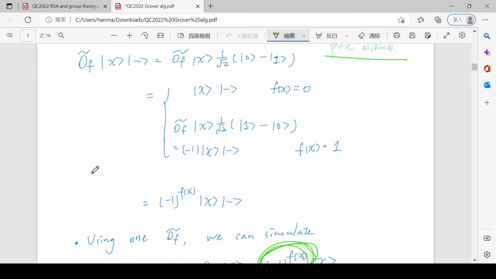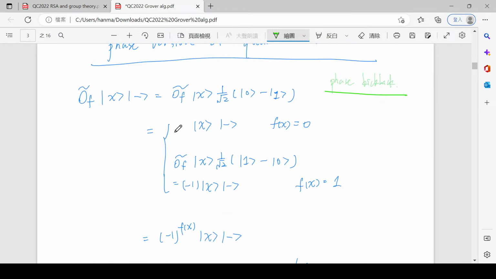And here is a small reminder of how you do the phase kickback. So if you put the second register in the minus state, and you apply Of on it, then when f of x equals 0, obviously nothing happens, you still get the same state. And when f of x equals 1, then you add 1 on those two things.